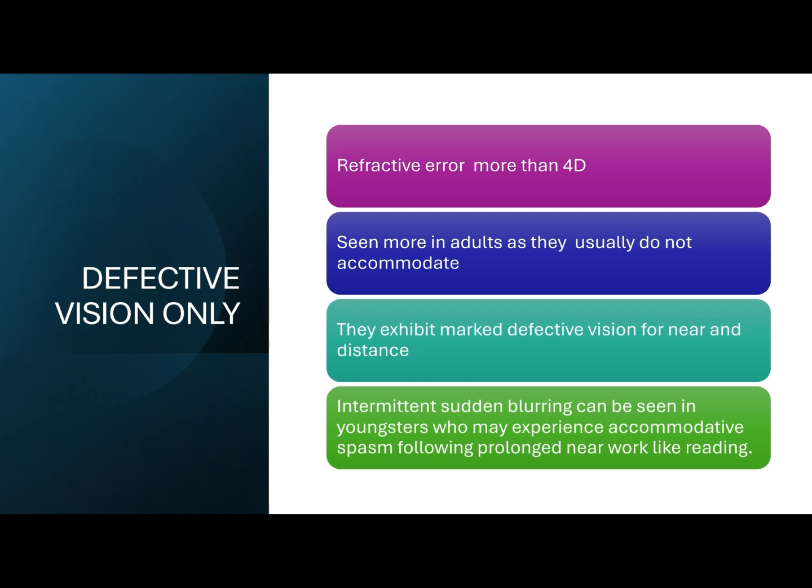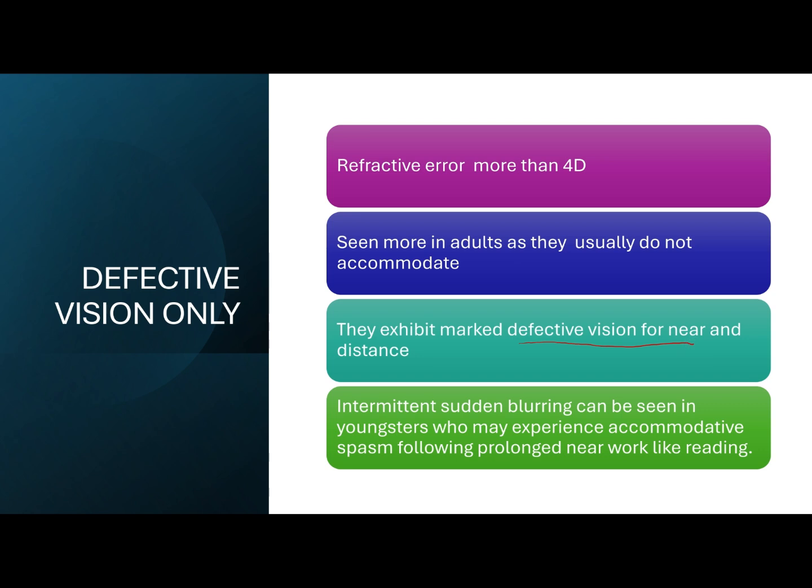Sometimes when the error is high, the main symptom will be only defective vision because the patient will not be able to correct the refractive error with accommodation. As already told, the defective vision will be more for near than distance.